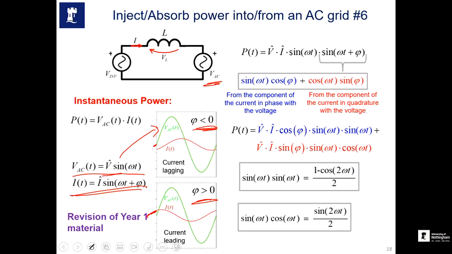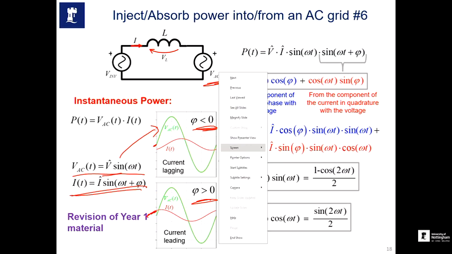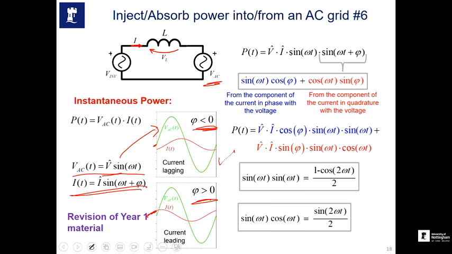By the way, if I try to probe some of your knowledge from year 1, out of these two figures, which one is the inductive current? Between the top and bottom figure, can you tell me which one is inductive and which one is capacitive current?